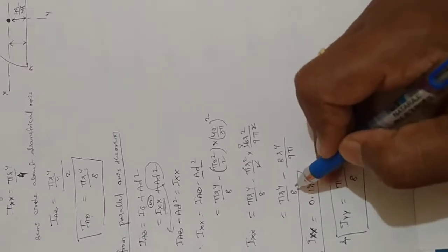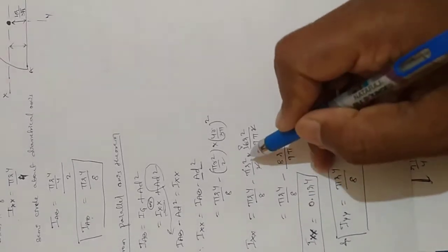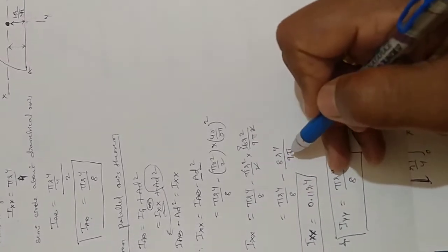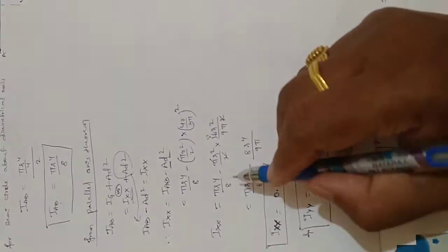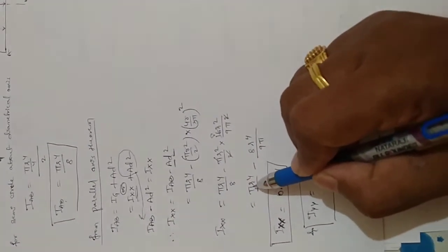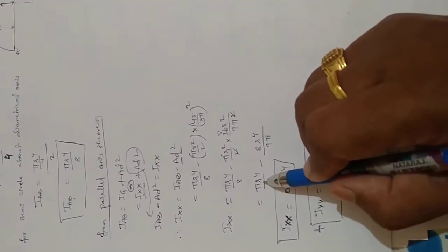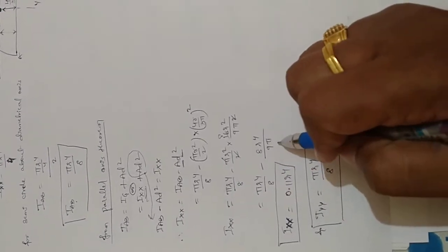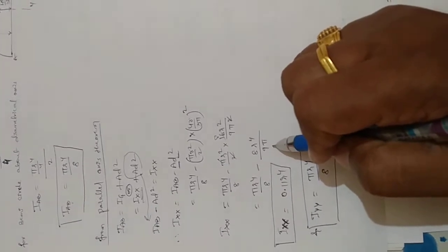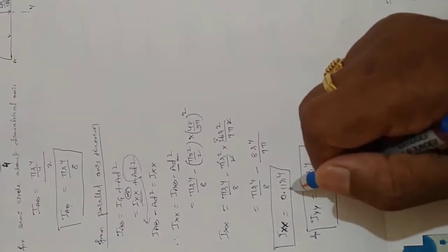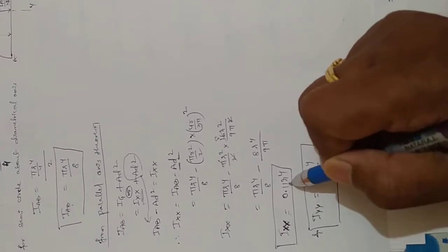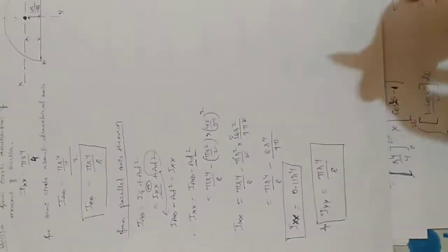So pi r raised to 4 divided by 8 minus 8 r square into r square, that is r raised to 4, divided by 9 pi. Now you just make it on the calculator: pi divided by 8 is 0.3927 r raised to 4, and 8 by 9 pi is 0.2829, subtracted. If you subtract, you will get Ixx is equal to 0.11 r raised to 4.